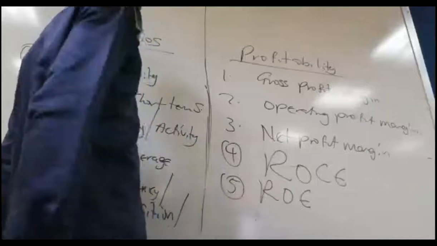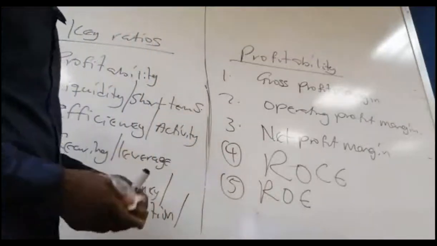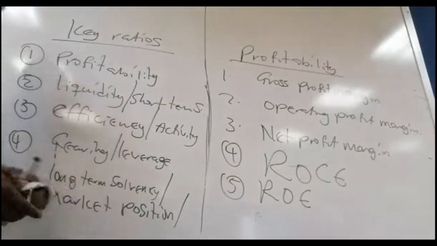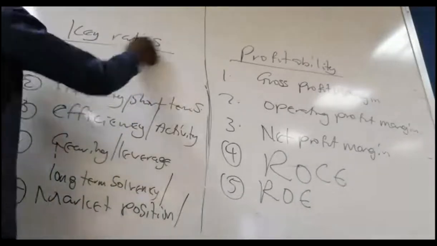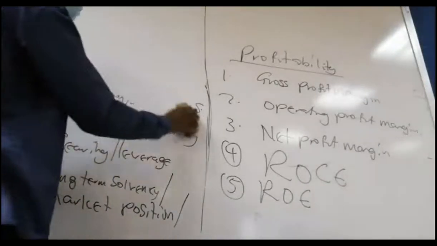Now, let's look at their formulas carefully. All the margins have the same formula. Anything margin is that item over sales times 100.